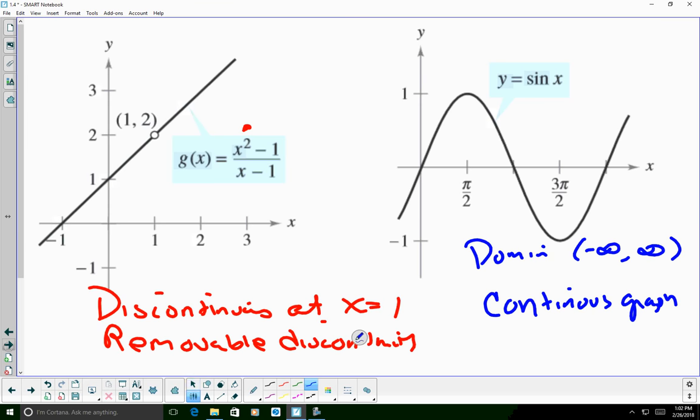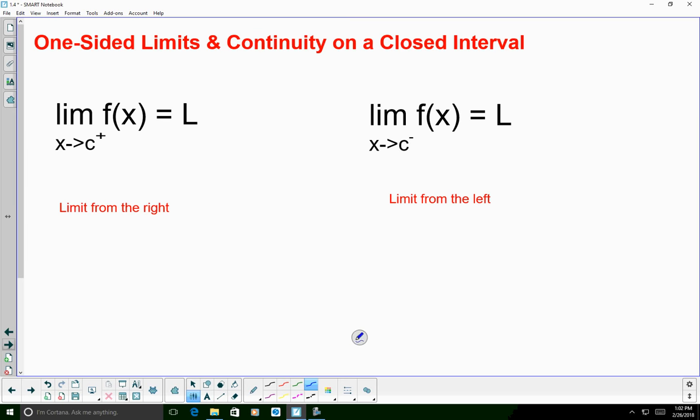Now we're going to talk about one-sided limits, and these come in very handy for some real-life applications. When I look at the notation, I made these really big so you can see this is the limit of f of x is equal to L. This plus sign means as x approaches c from the right.